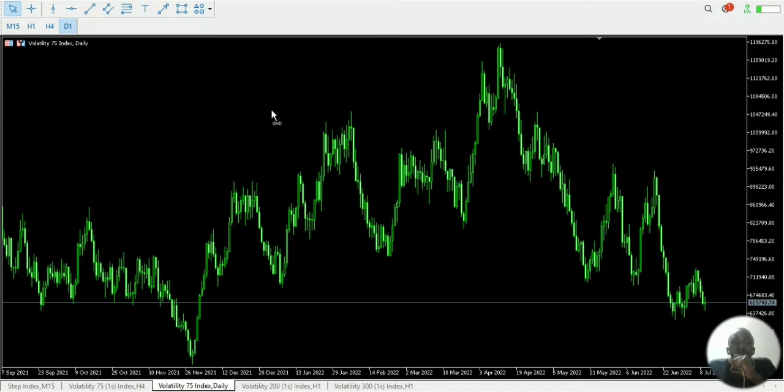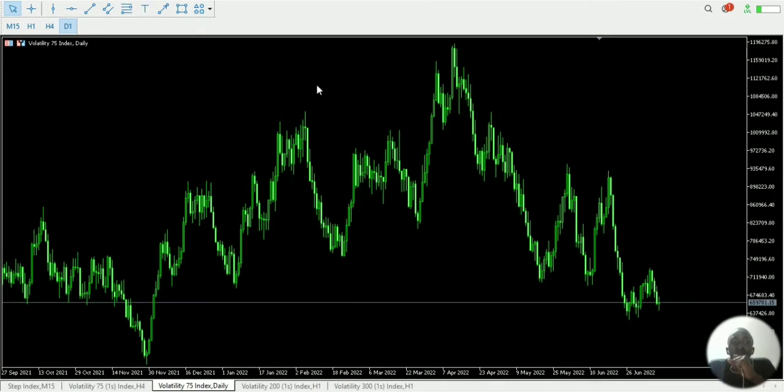Remember what I showed you in the previous video, how the price moves. I didn't really talk at length about it, but I just enlightened you. This price moves in a correction. Correction is when the price moves zigzag way, zigzag way, zigzag way. This is a whole correction.